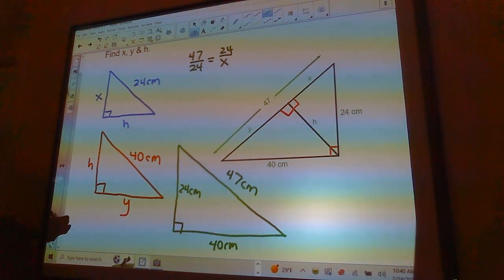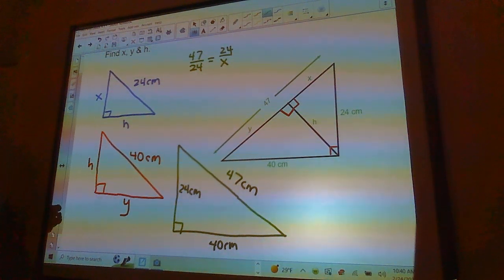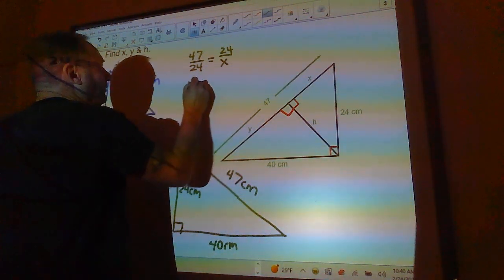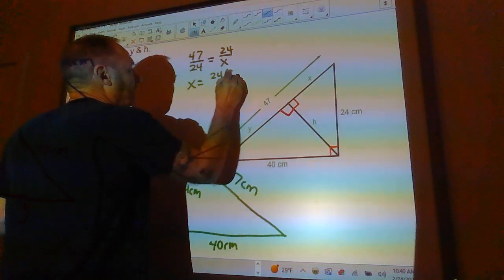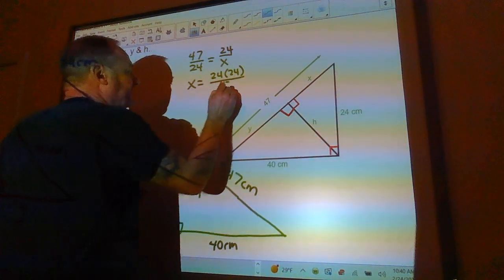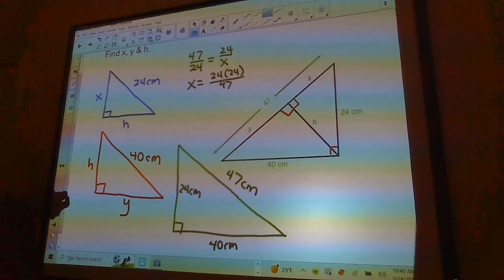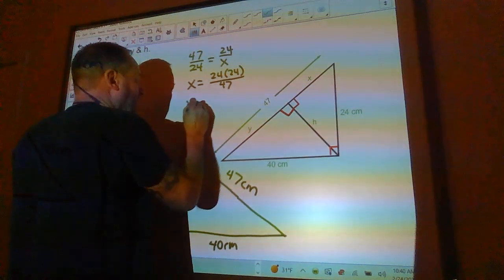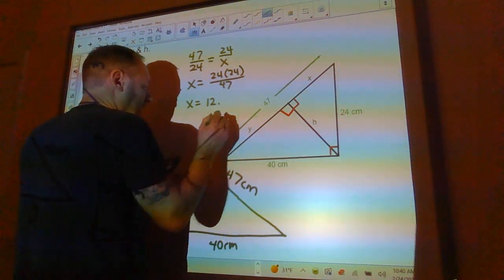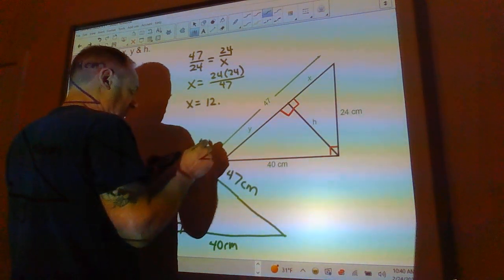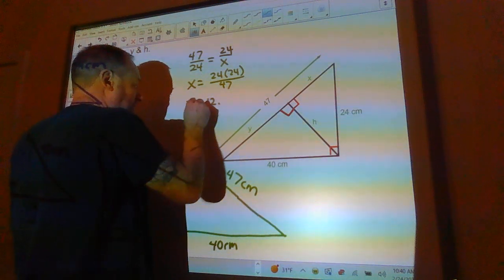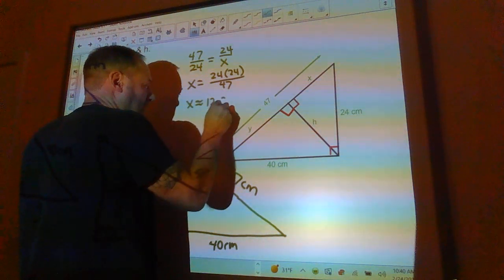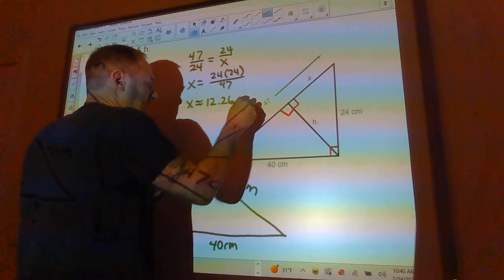Okay. So x is going to equal 24 times 24 divided by 47. That comes out to approximately 12.26 centimeters.